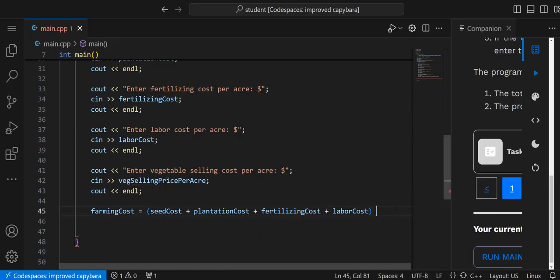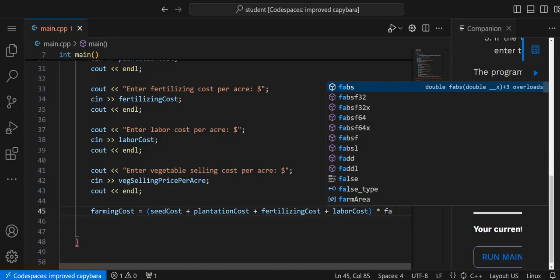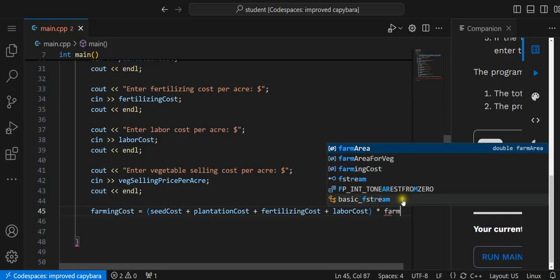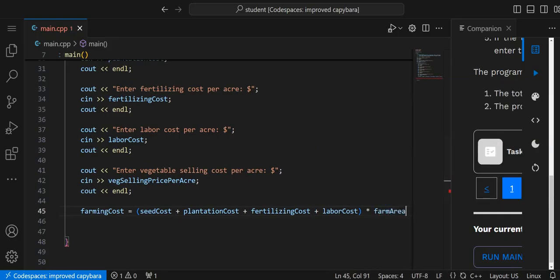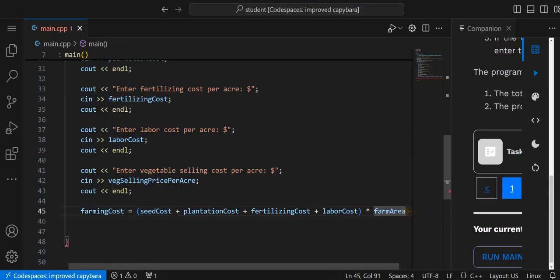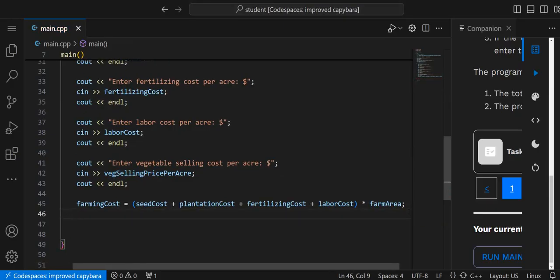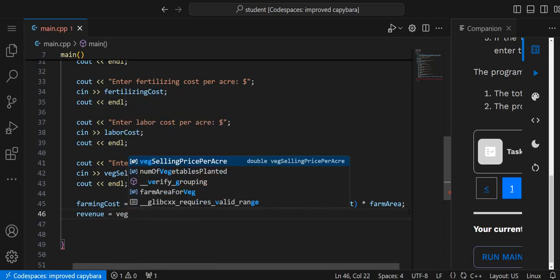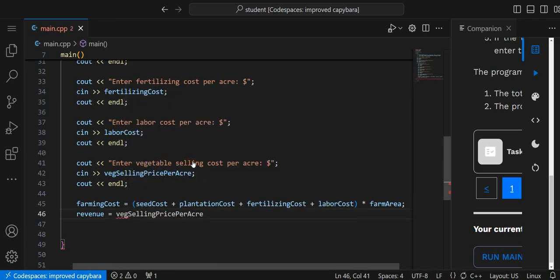Now we'll also add times farm area. And let's see. Now we're going with revenue equals veg selling price per acre times farm area.